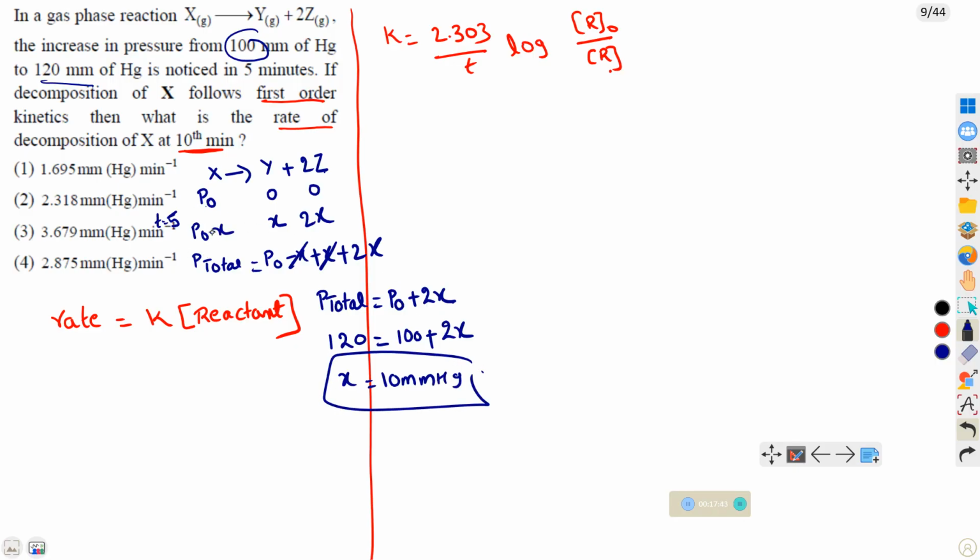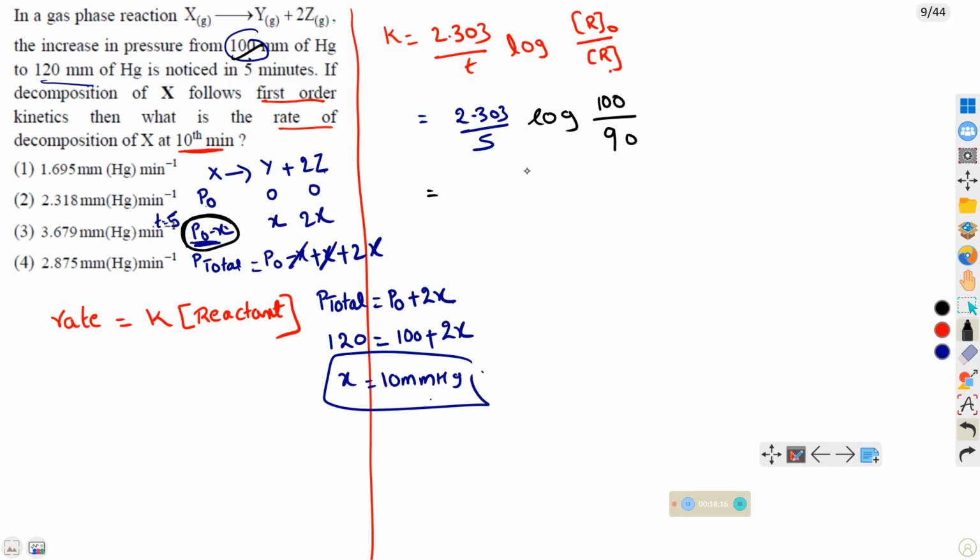Now substitute here. Initial concentration is 100. Then at time t is equals to 5, P naught minus X, 100 minus 10 is 90. So K is equals to 2.303 by 5 log of initial concentration 100, final concentration 90.